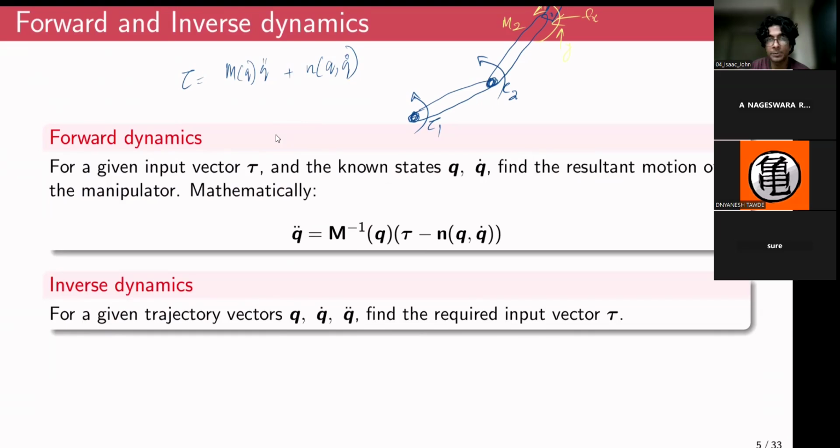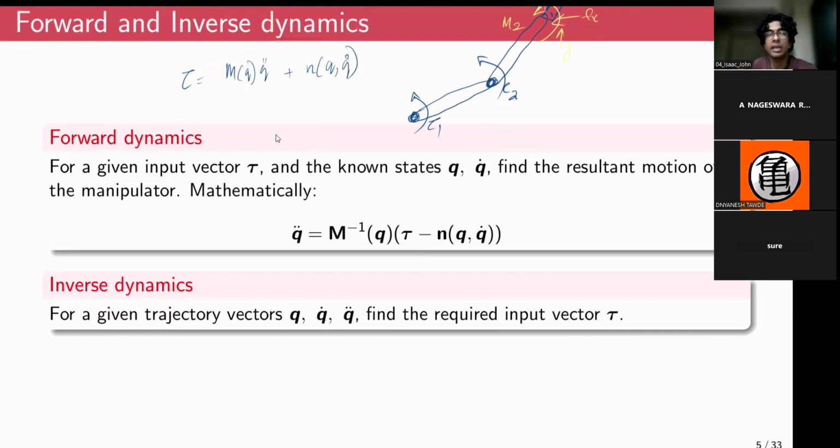So in the forward dynamics problem, if we supply some control input to the joints, how would the robot react? How would the robot react to this control force? That is the problem that we are trying to understand using the forward dynamics.